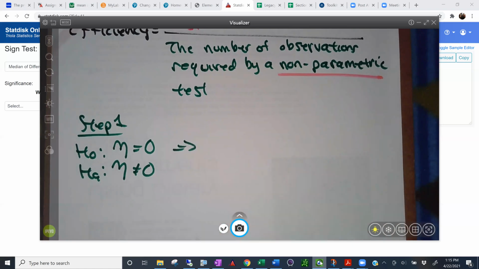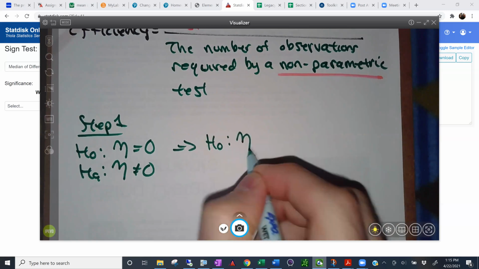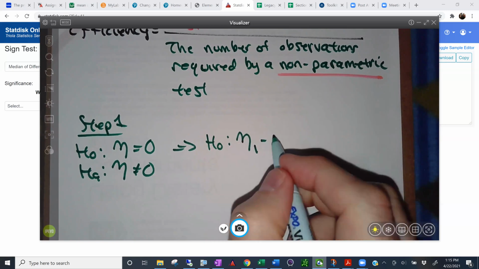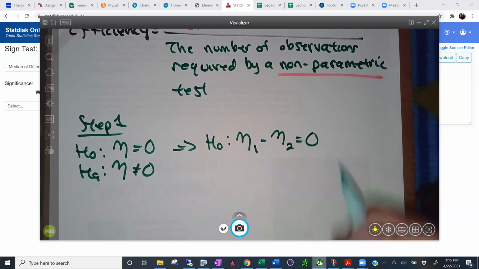What you're really not seeing is that eta equals 0 means the median for the first data set and the median for the second data set, when you subtract them, you get 0.